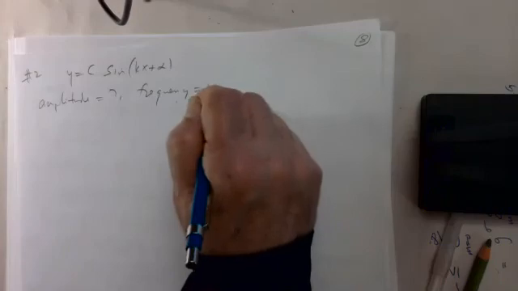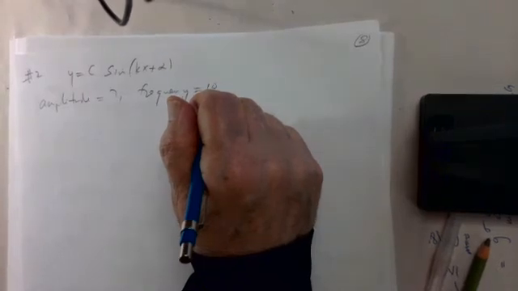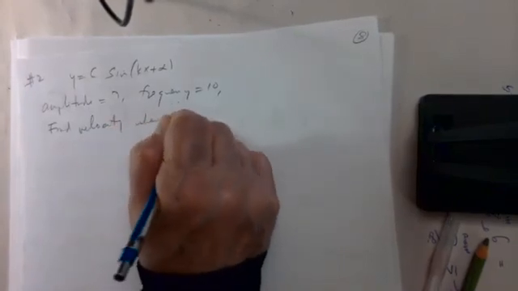And we're told for this simple harmonic motion, the amplitude is 7 and the frequency is 10. Find the velocity when y is 0.